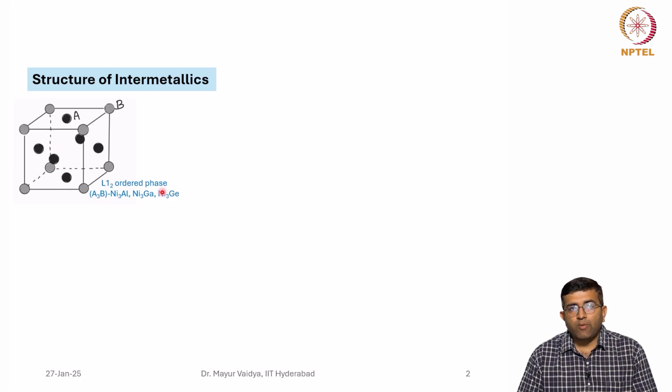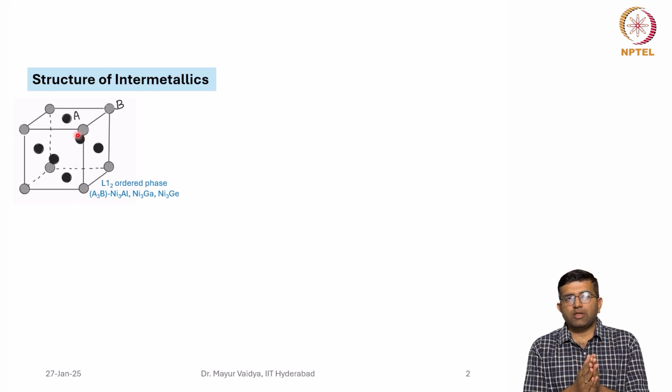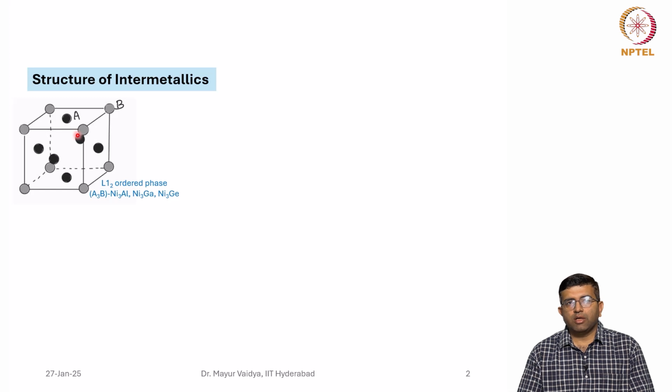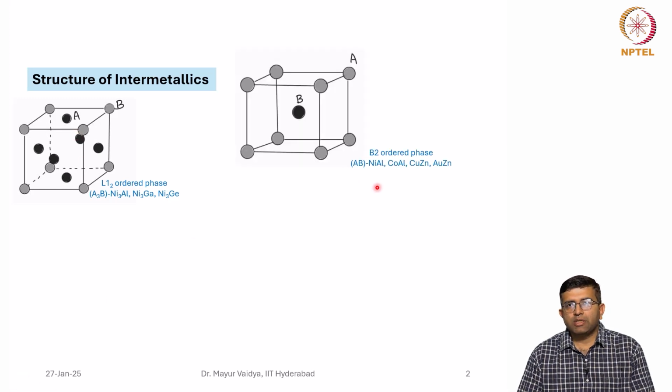So, this is the L12 ordered structure where the A atom occupies only the face centers, whereas the B atoms occupy the corners. Similarly, you have other examples. B2 is a very important class of intermetallics: NiAl, CoAl, copper zinc, gold zinc. These all crystallize in the AB, B2 ordered structure.